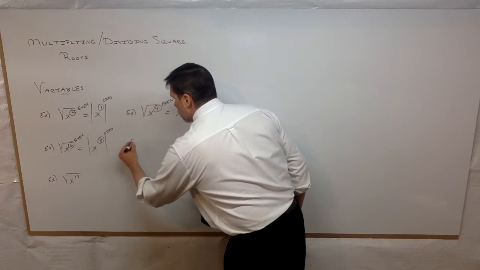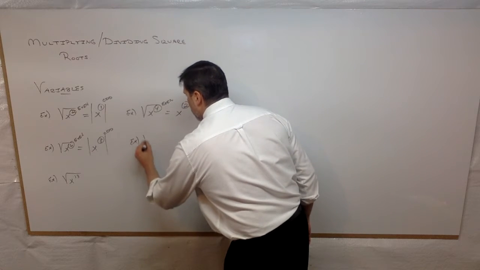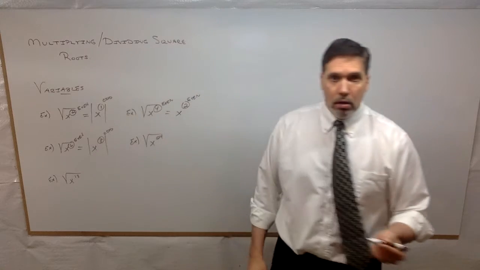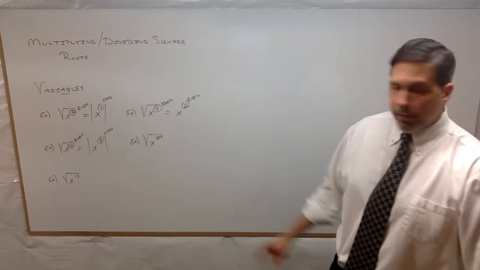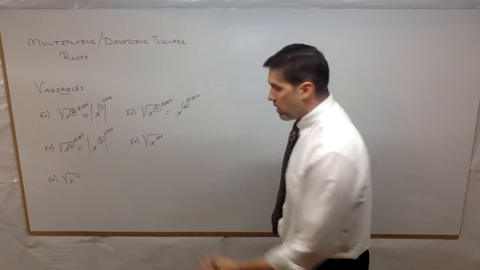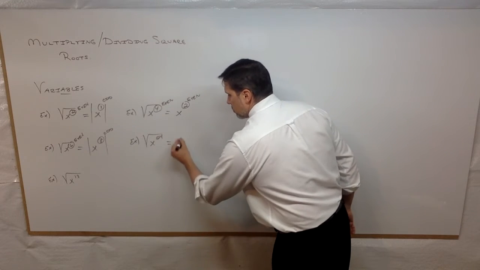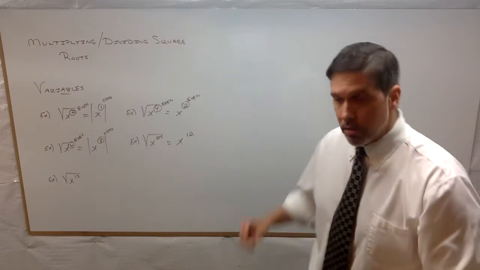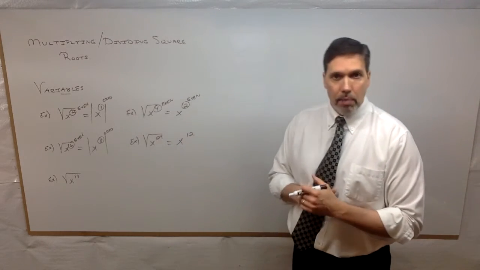Let's get a bigger number. Say we had the square root of x to the 24th. Is x to the 24th a perfect square? It sure is: x to the 12th times x to the 12th. So this is x to the 12th. Can you guarantee x to the 12th is a positive value?